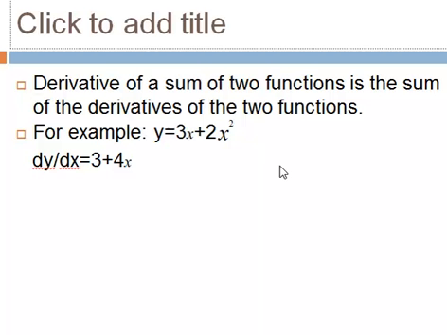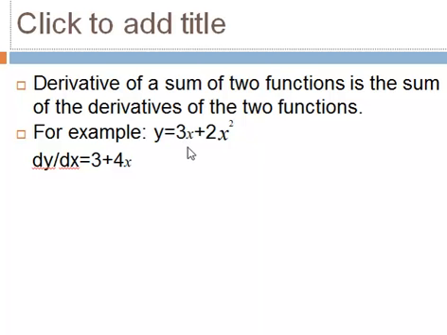Here is the last rule. We're going to put all the rules we learned in the last slide together. The rule is the derivative of the sum of two functions is the sum of the derivatives of the two functions. So if we get a function which consists of two functions, then we find the derivative of each one first.